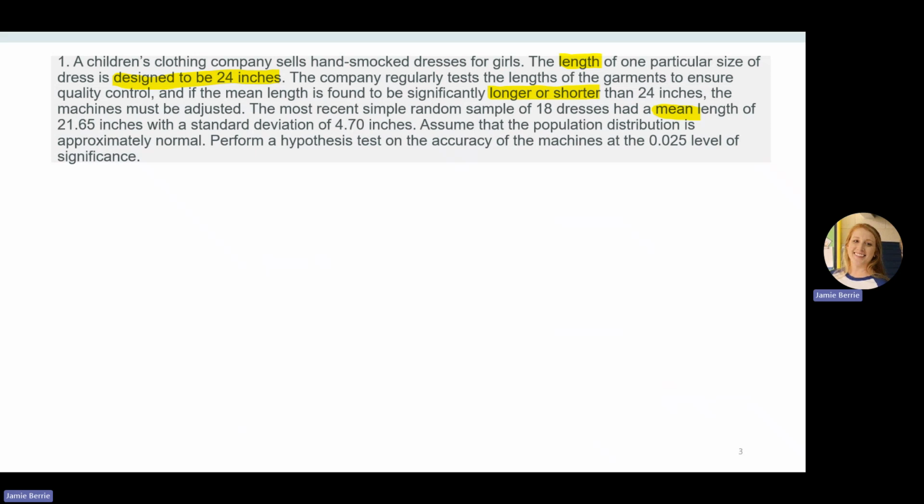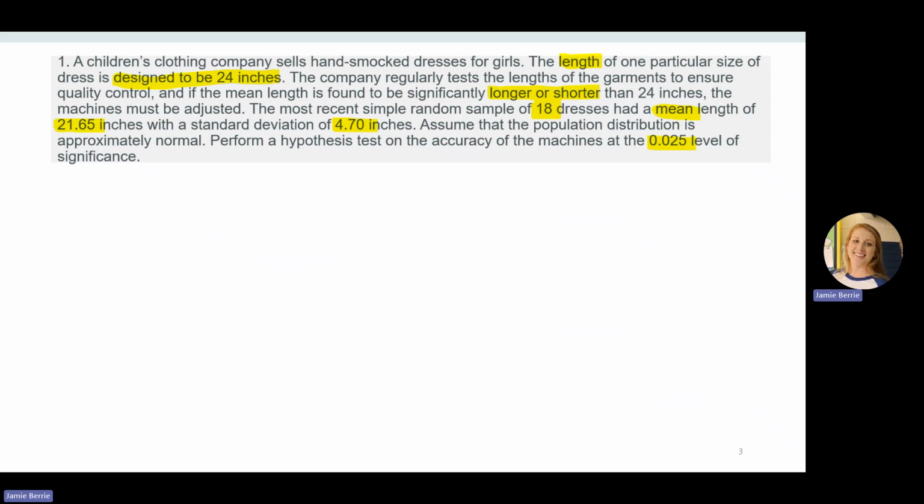So we're looking for less than 24 or greater than 24, so we're going to do not equal to for our alternative hypothesis. Our sample size here was 18, we had a sample mean of 21.65, and a sample standard deviation of 4.70. And then it gave us our level of significance.